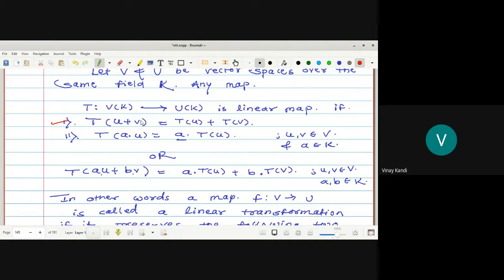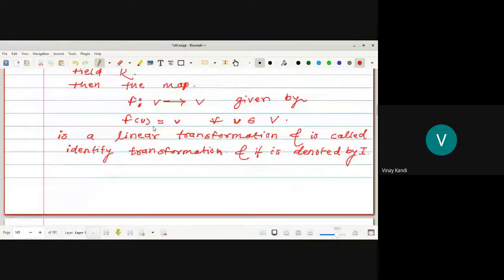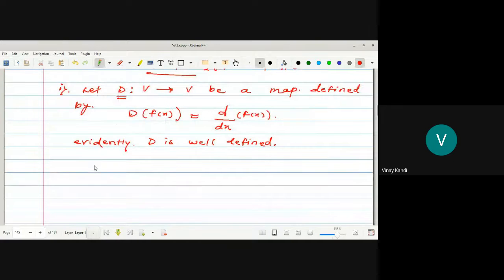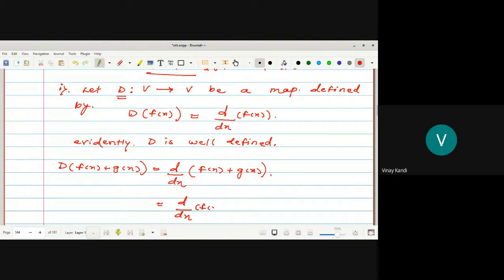But what are u and v here? f of x and g of x. So by the first condition of the linear transformation, D of f of x plus g of x, by the definition, is d by dx of f of x plus g of x, which is equal to d by dx of f of x plus d by dx of g of x.